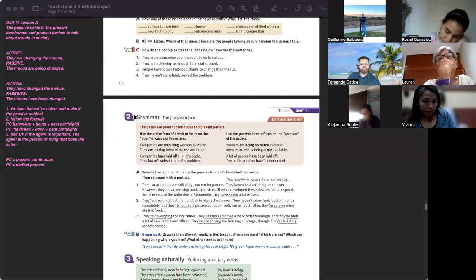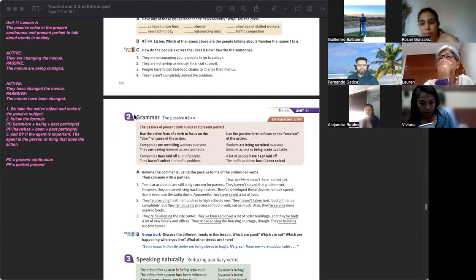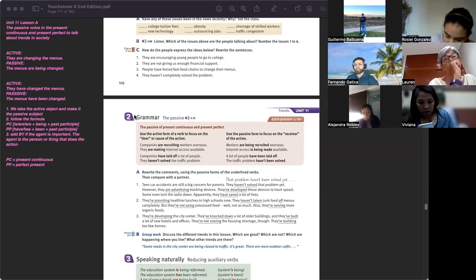In this level, we saw the passive voice with the present and the past with some modal verbs, and right now with the present continuous and the past continuous. In fact, Guillermo, you can use the passive voice with every tense except the future perfect continuous. Okay, teacher. So you can use it with 11 tenses and then modals.